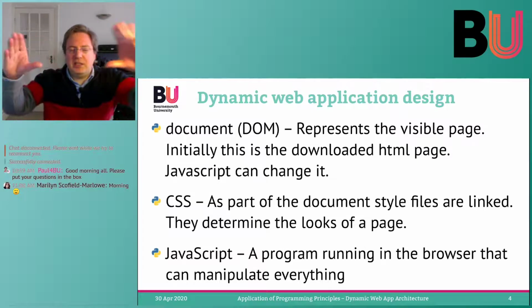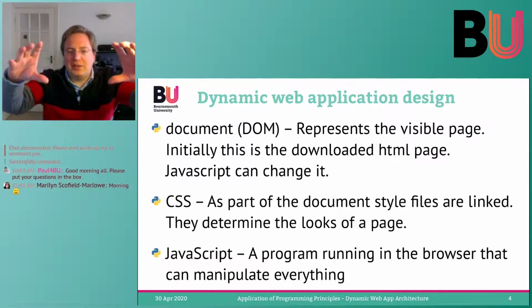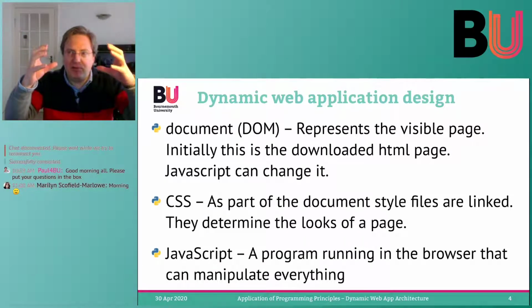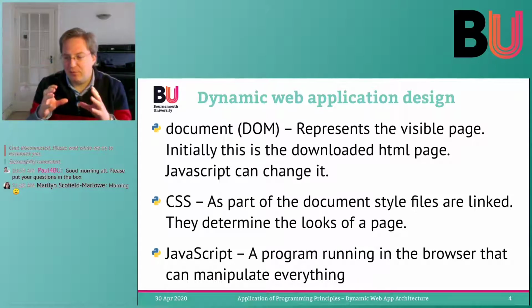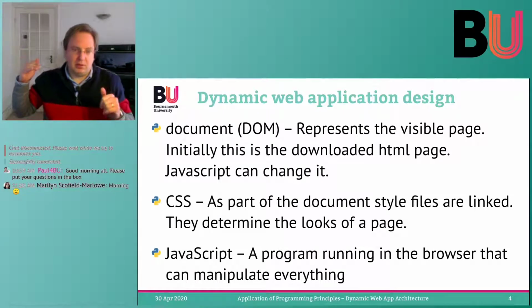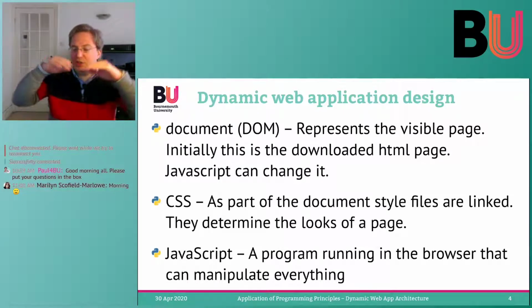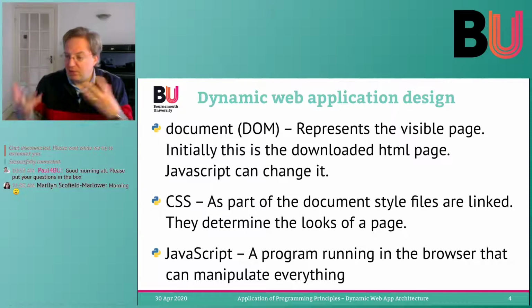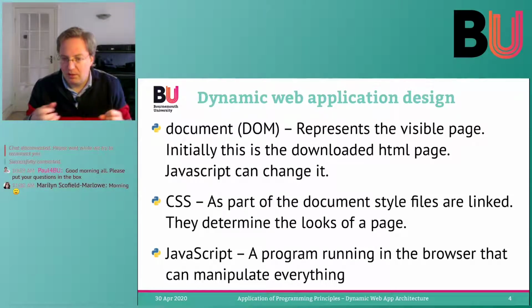So this HTML document gets translated into an in-memory representation, and that is the document object model, the DOM tree, we call it generally, because it is in the structure of a tree. An HTML document is a tree form, with things nested inside each other.